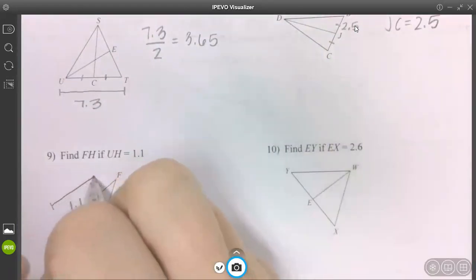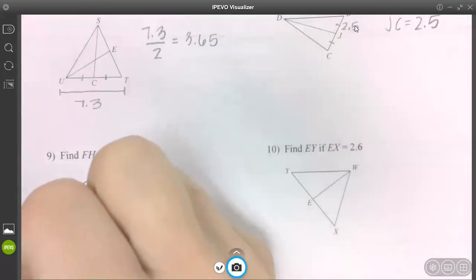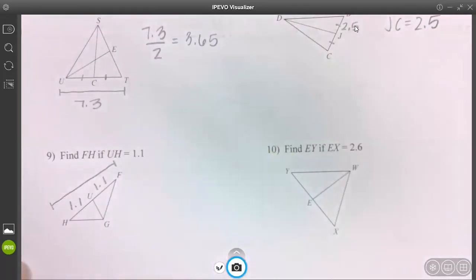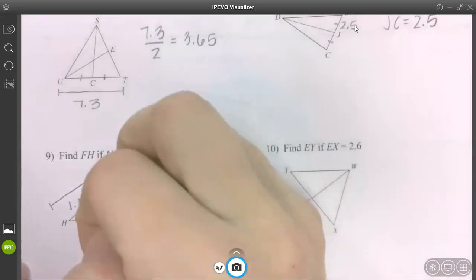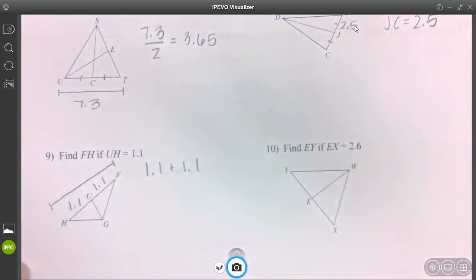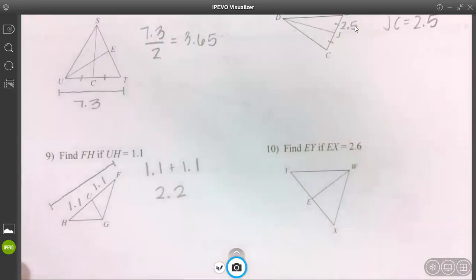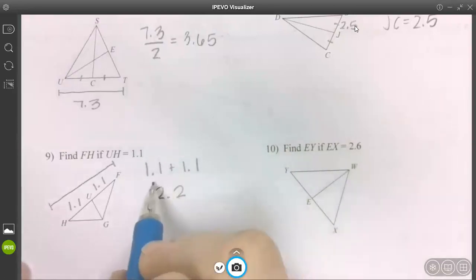But I want you to find the full length. So remember, if this is 1.1, so is this side. So UF is going to be 1.1. To get the full total length, we're going to add it up. So 1.1 plus 1.1 is 2.2.